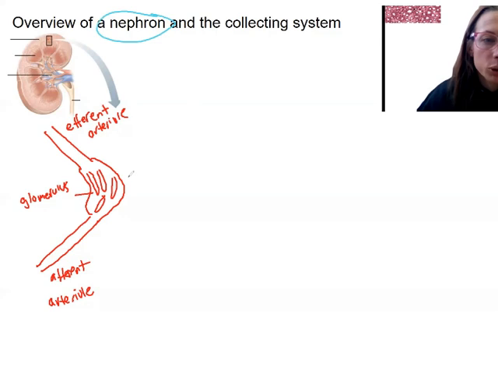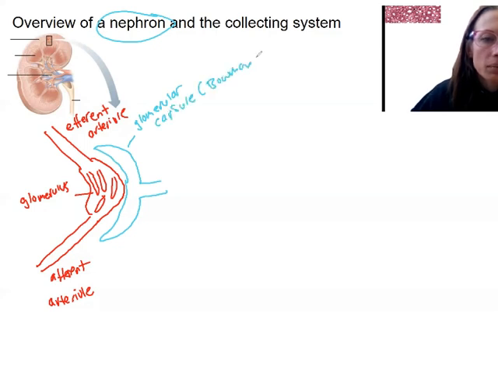I'm going to draw the nephron in blue. This that I'm drawing right here is our glomerular capsule, also called Bowman's capsule. And this whole structure together is called a renal corpuscle.